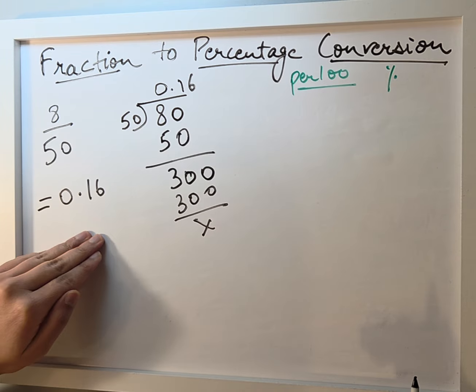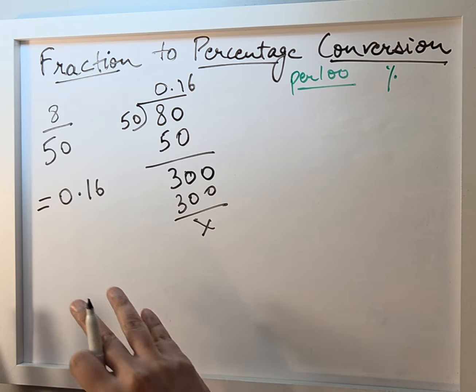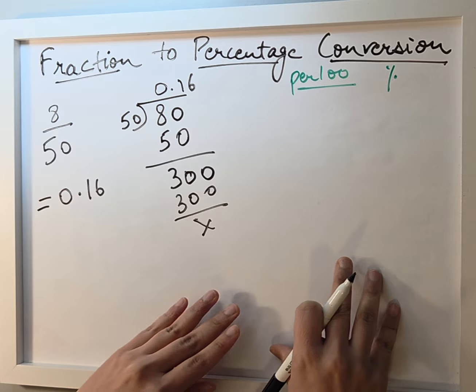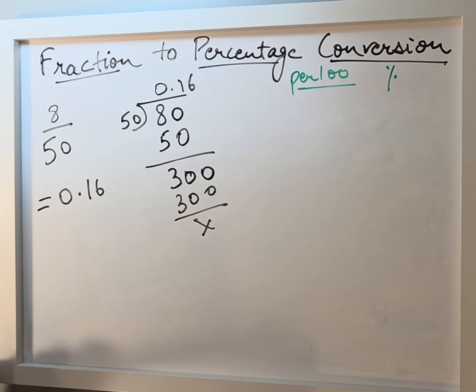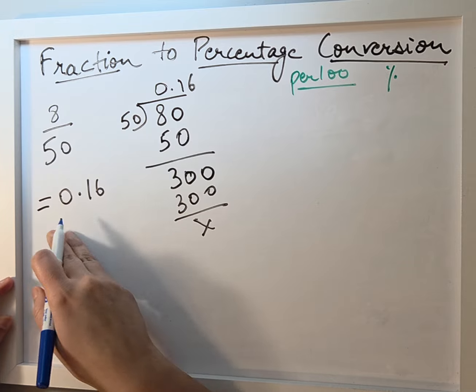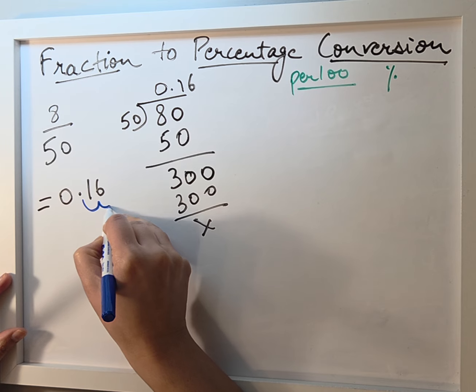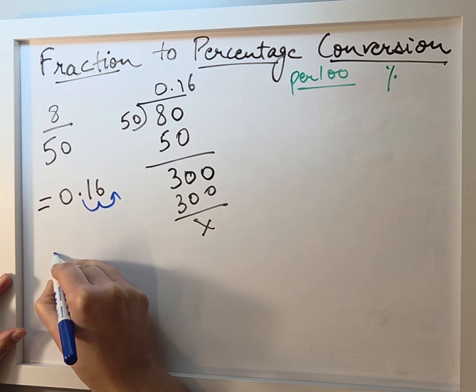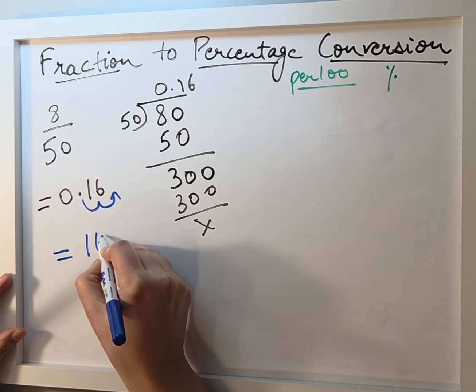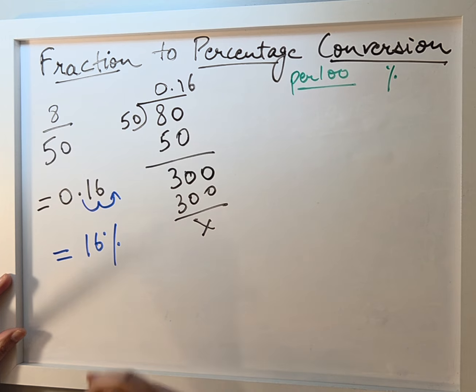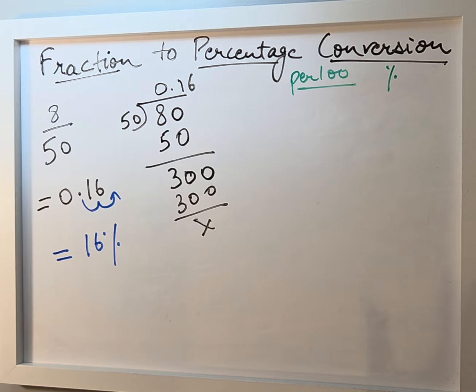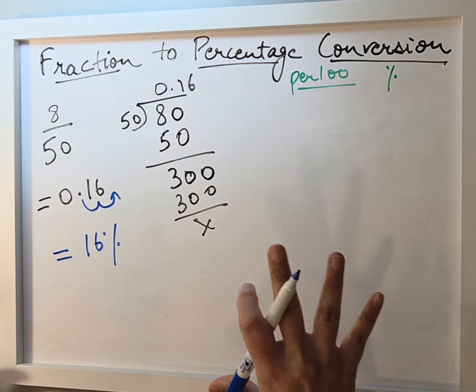So now what does this problem change into? We are converting a decimal into a percentage, and the rule is pretty simple. Whenever we have to multiply by 100, we move the decimal twice. So this becomes 16%. I hope you are understanding.